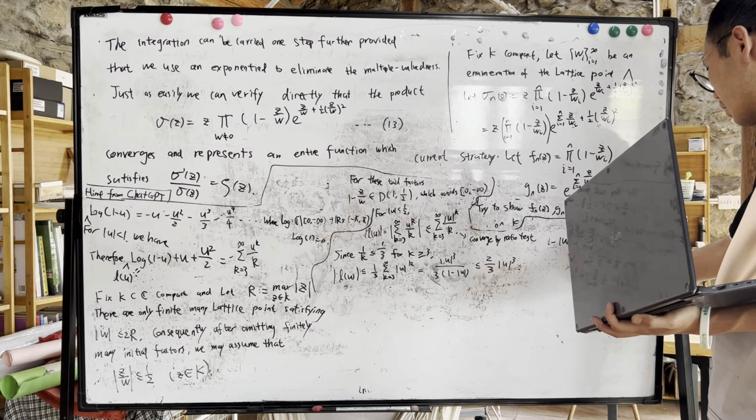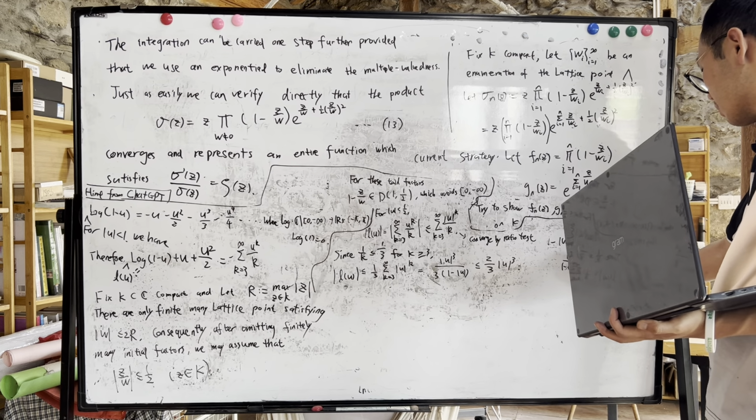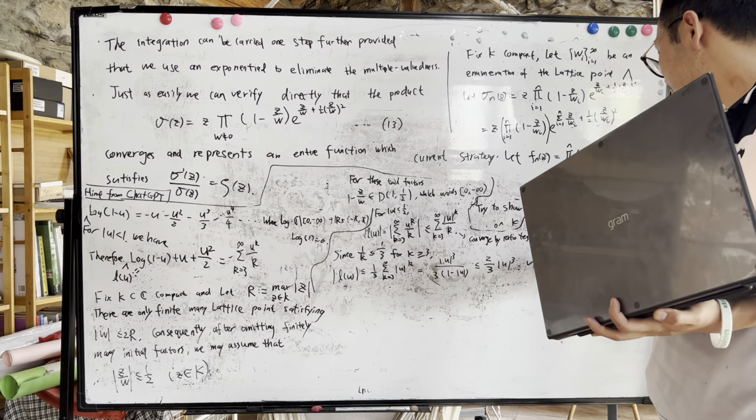So therefore, 1 over (1 minus modulus u) is less than 2. Yeah, so we have that.